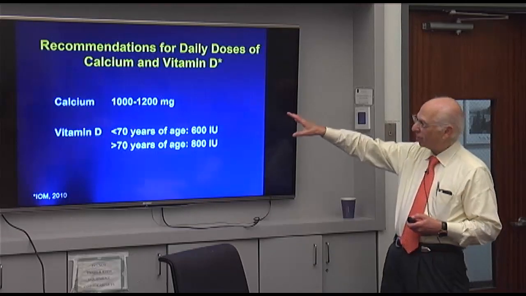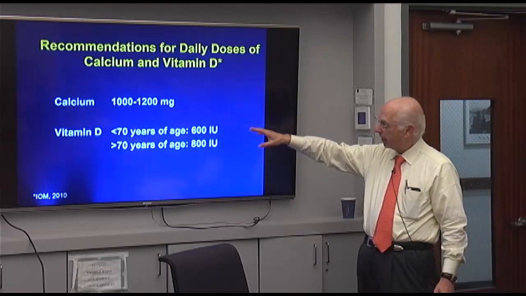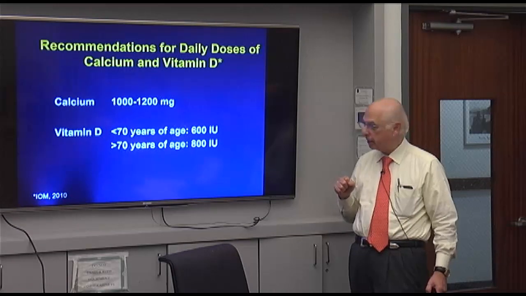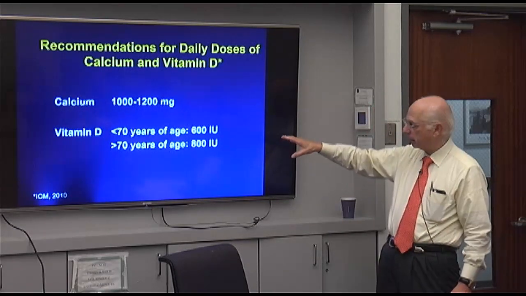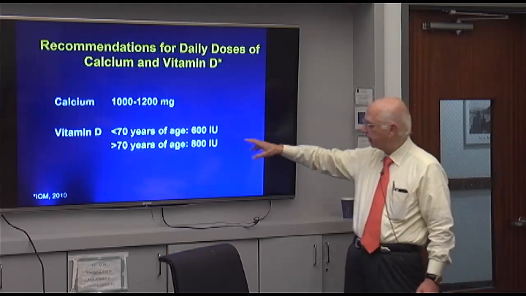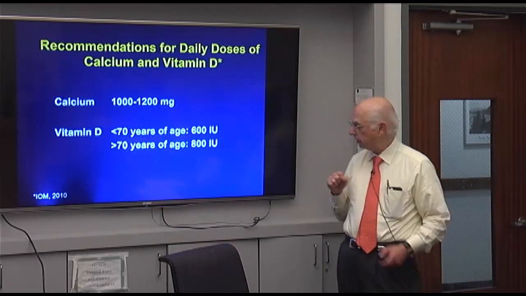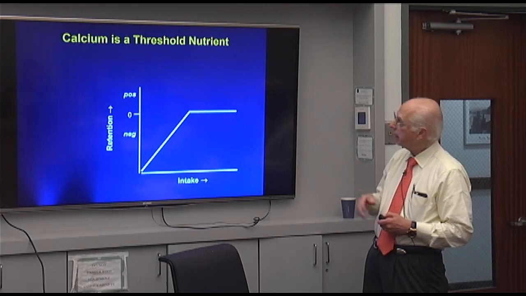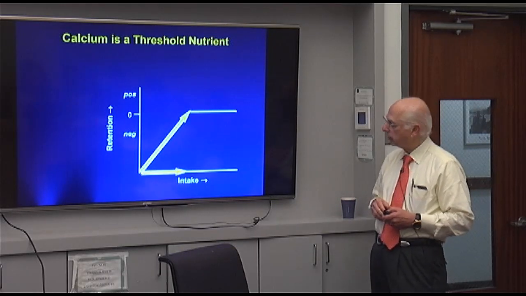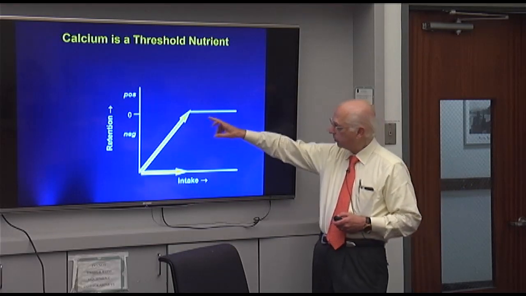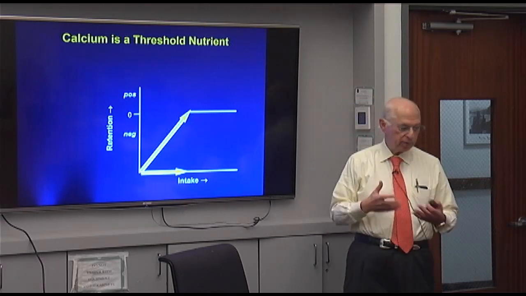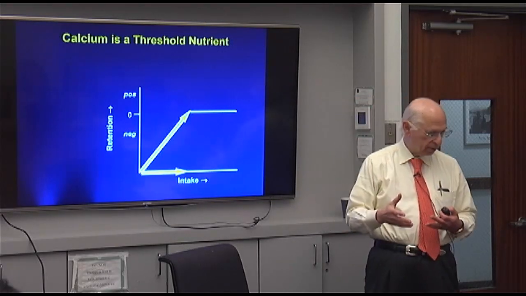All right, so we know about calcium, and vitamin D, we've talked about this recommendation under the age of 70. It's now 600 units, not 400, and over the age of 70, it's 800 units. Calcium is a threshold nutrient. Bob Heaney showed this. Up to a certain point, you'll improve calcium balance, and then you won't.